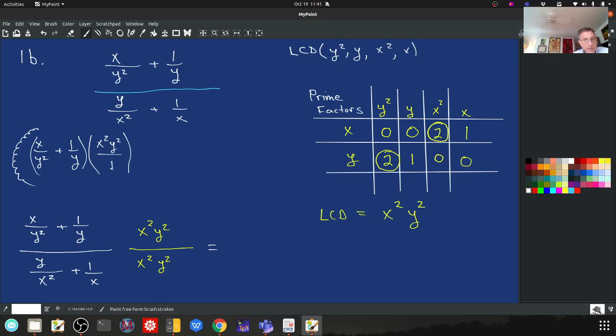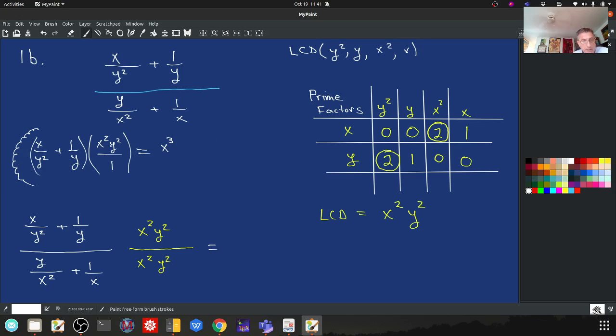So I'm literally just using the distributive property. So x squared times y squared divided by y squared is x squared, and x squared times x is equal to x to the third. And I cleared the denominator. Literally, the denominators are going to be cleared.